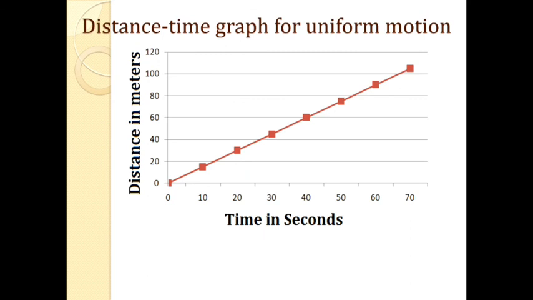If you plot all the points, you will observe that the graph shows a straight line. That is, the distance time graph for uniform motion is always a straight line. Can you try to plot the graph with other examples?